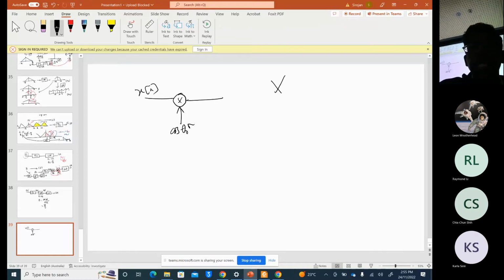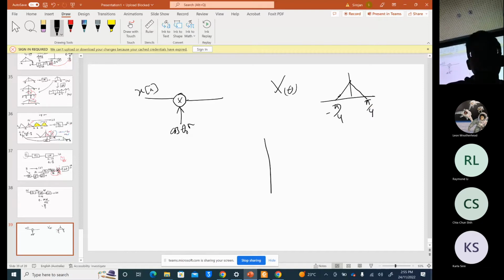If you have X(theta) something like that, from minus pi to pi, let's say pi by 4 to minus pi by 4. What modulation does is, modulation is actually shifting it.